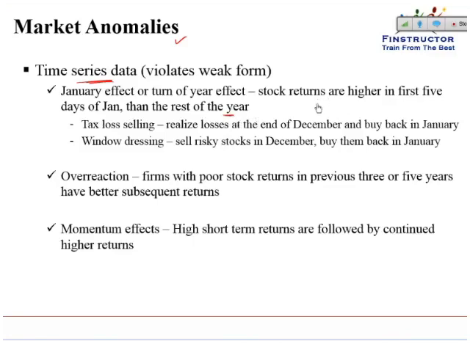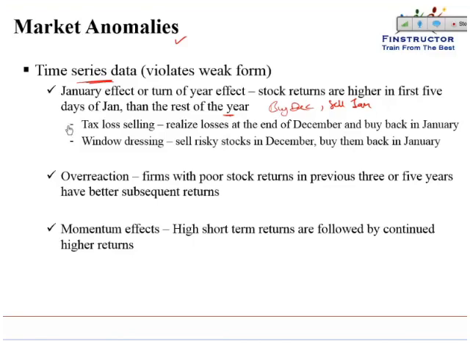So if we buy at any point in time and sell during the first 5 days of January, there will normally be an excess return. If we buy in December and sell in January, we would be able to make an excess return.